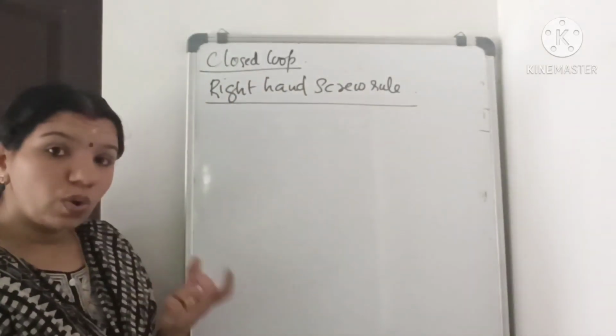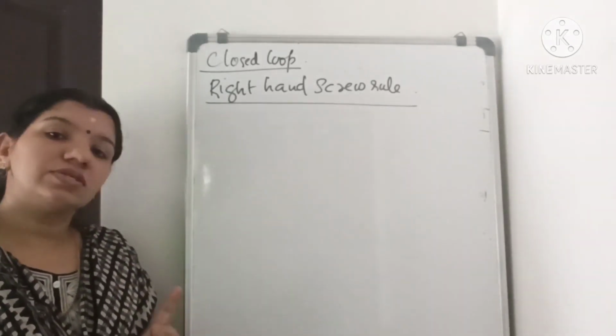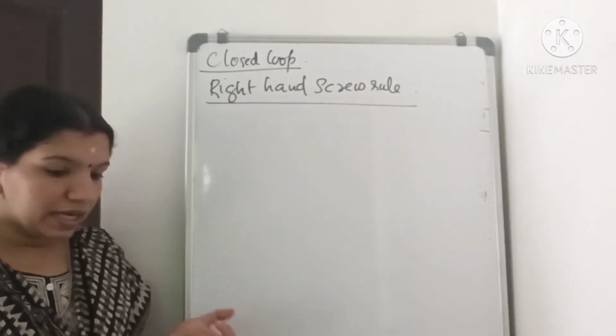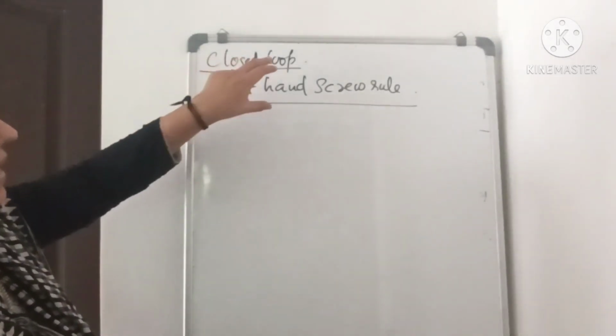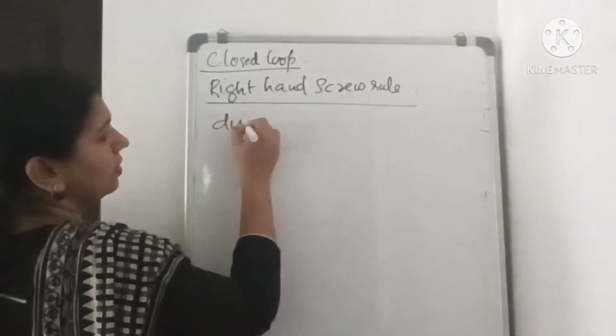This is for a closed loop carrying current. The first case, the right hand thumb rule, is for a straight current carrying conductor. Understood?